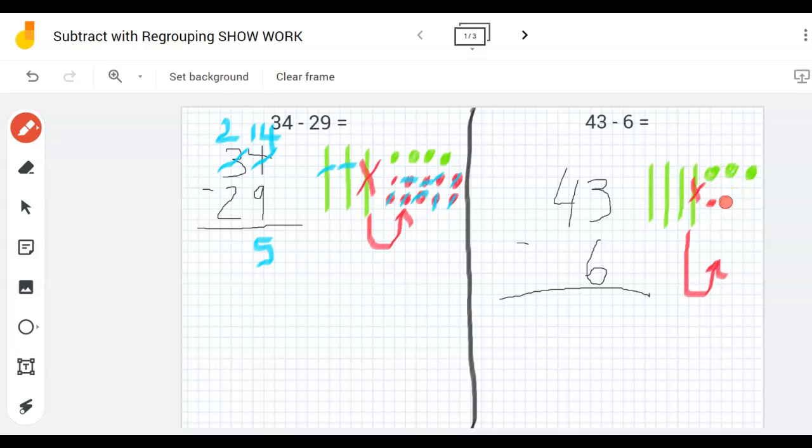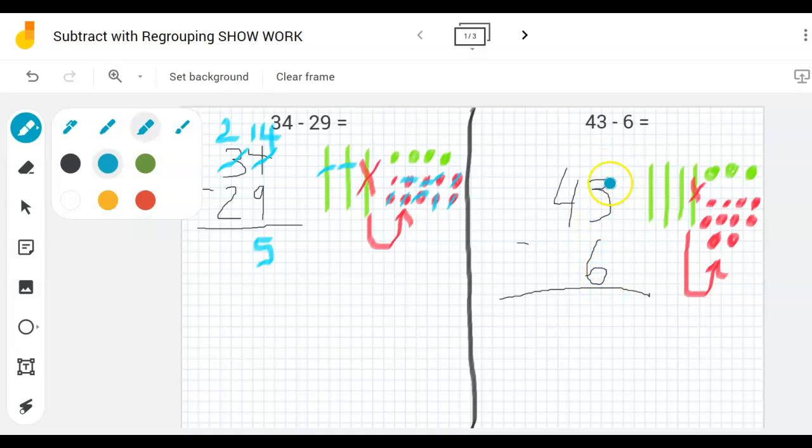1, 2, 3, 4, 5, 6, 7, 8, 9, 10. So we want to show that in our problem. So let me go get my blue. So let's show we were here in the ones place.